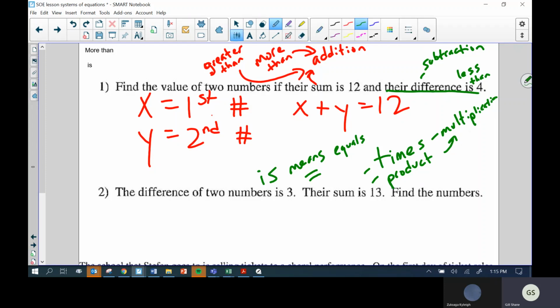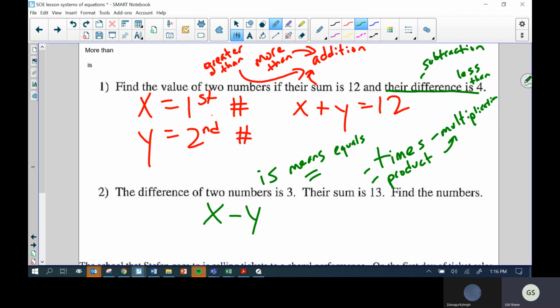What is difference? What math is difference? So their difference, meaning we have to subtract them. It doesn't matter what order we put these in, but if they had said let x equal the higher number, then we would have to put x first, because it's got to be the bigger number.